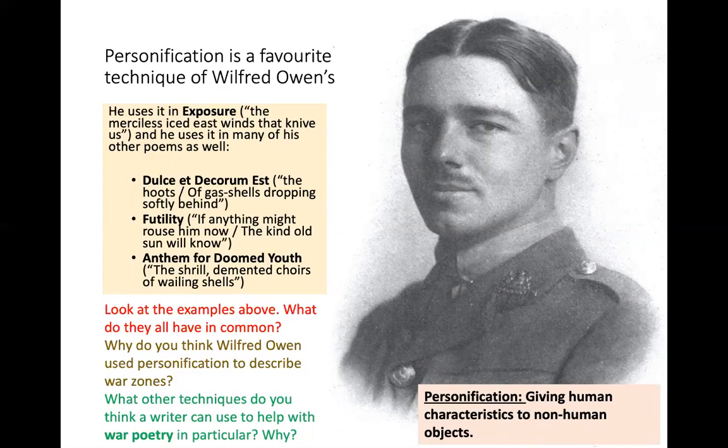What do all these personifications have in common? Why do you think Owen used personification to describe the war zone? And what other techniques do you think a writer can use to help in war poetry, and why? So it's a short response to this one, just to get you into the idea of thinking about personification. Attempt this task.